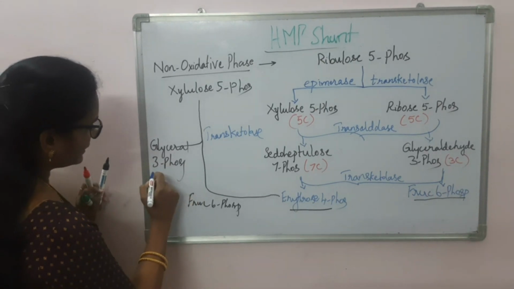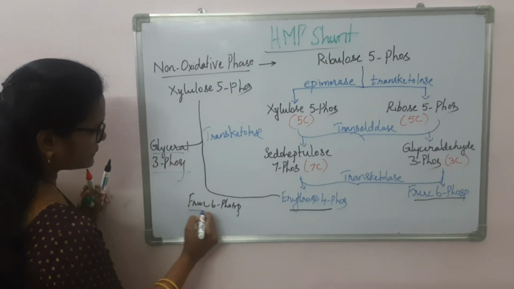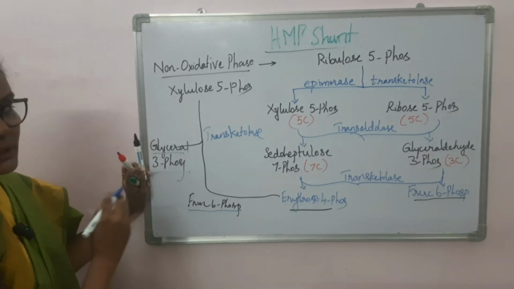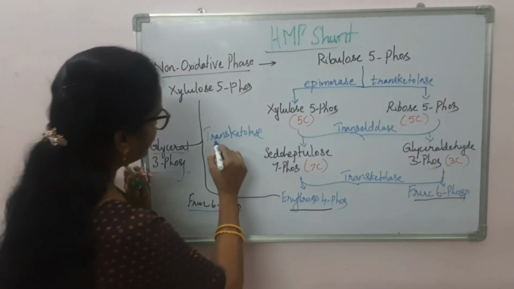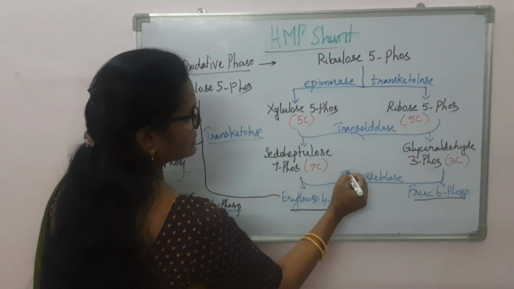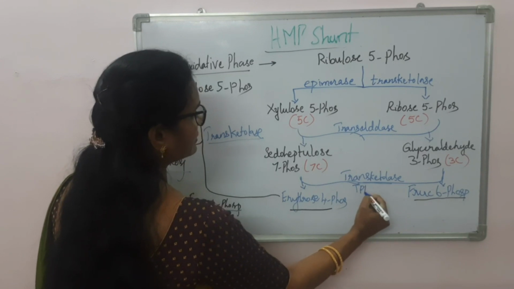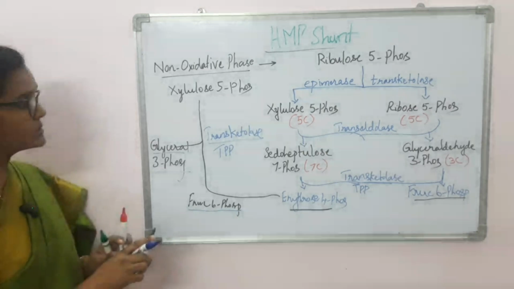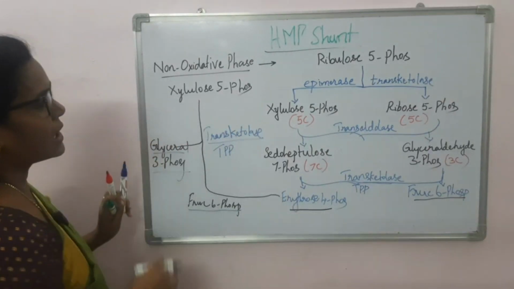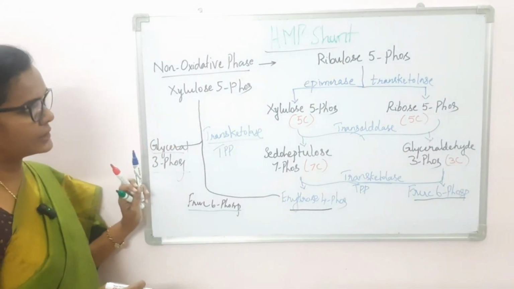And we know the fate of this glyceraldehyde 3-phosphate and fructose 6-phosphate. They enter the glycolysis and TCA cycle, and further they are going to be completely oxidized. And this transketolase enzyme is dependent on TPP, thiamine pyrophosphate, and also magnesium ions are required for these reactions. So this is the non-oxidative phase of HMP Shunt.